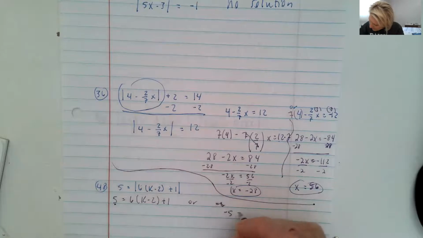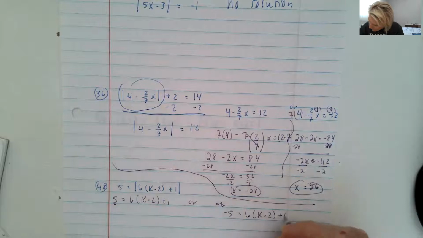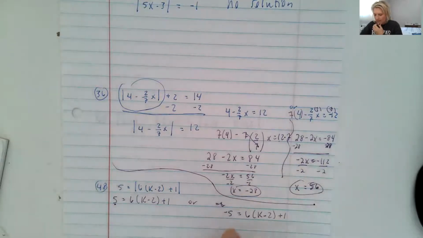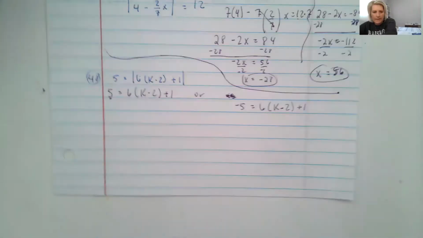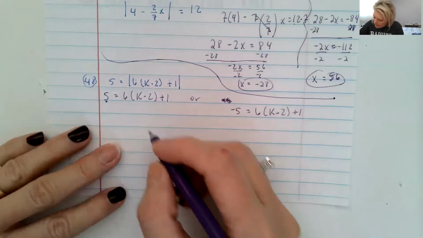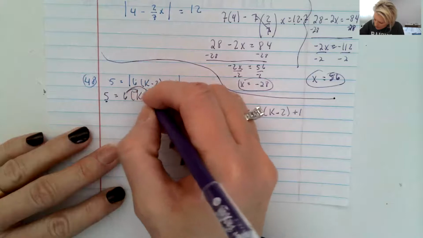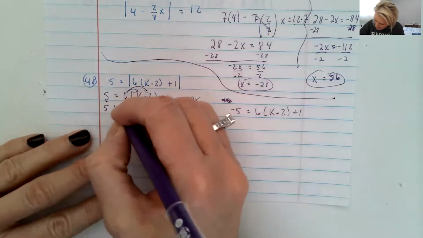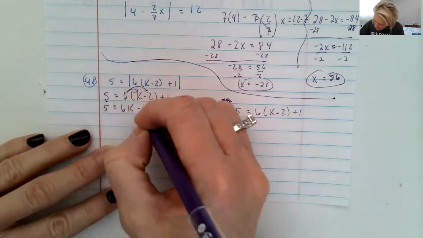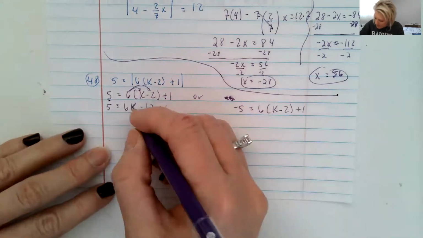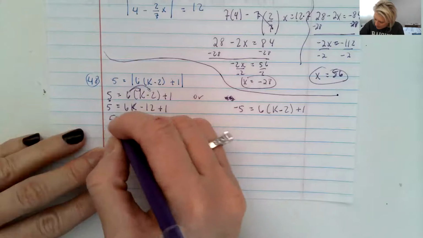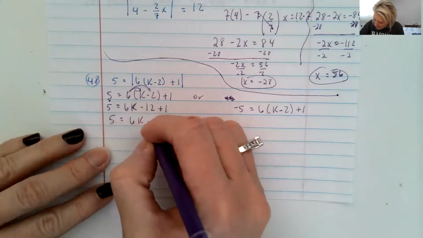A negative 5 equals 6 times k minus 2 plus 1. So we're going to distribute the 6 through. So we get 5 equals 6k minus 12 plus 1. We're going to combine our constants. So 5 equals 6k minus 11.